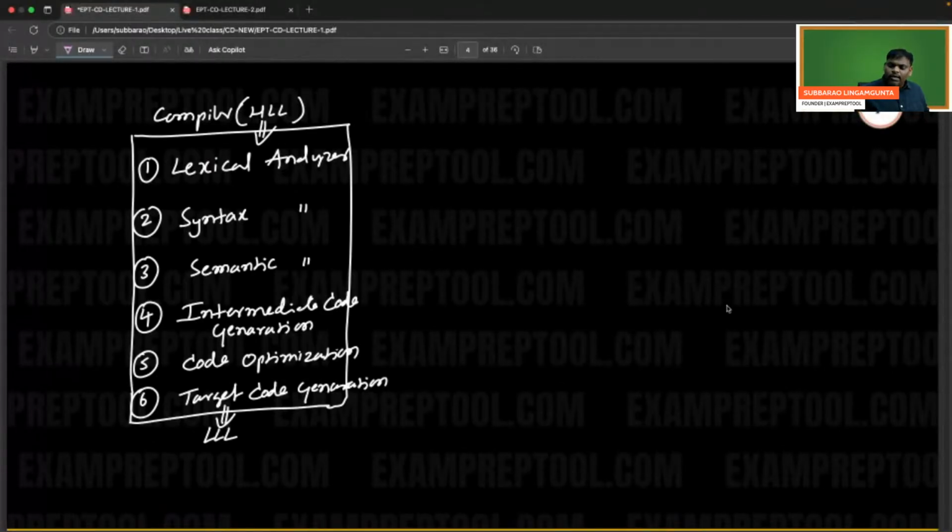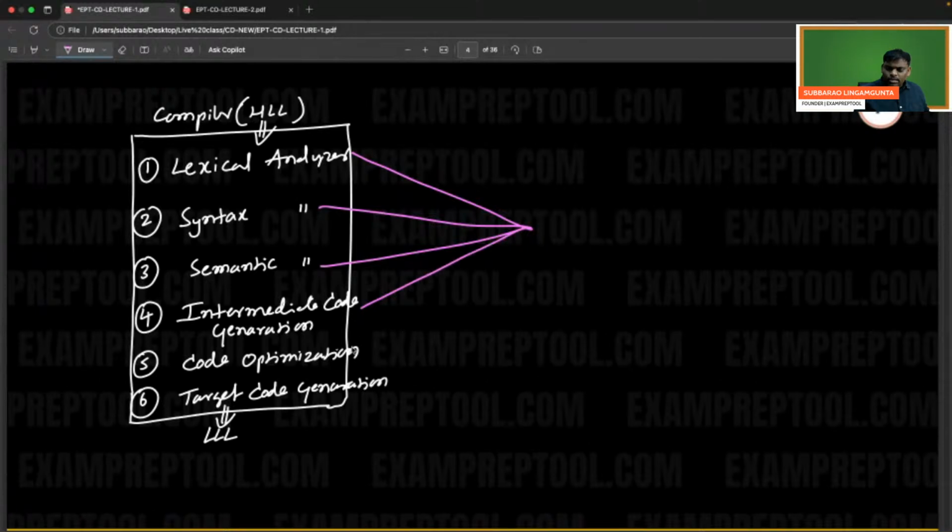In a similar way, when our compilation is going on, at any point of time, if you want to store anything, you can store it in one data structure that is called the symbol table.